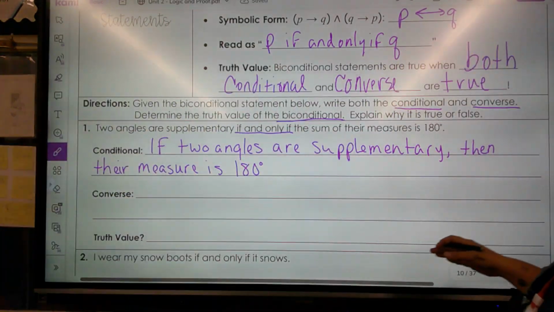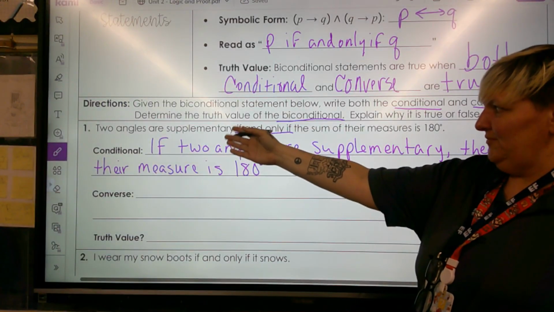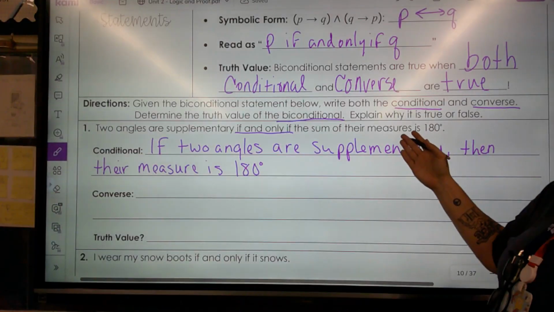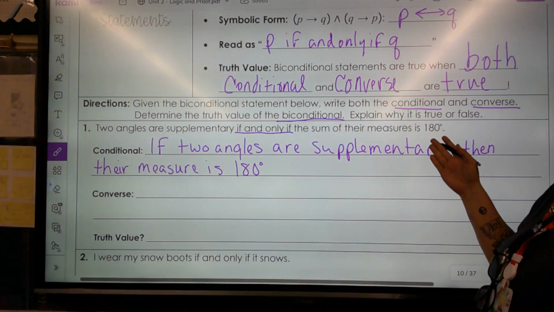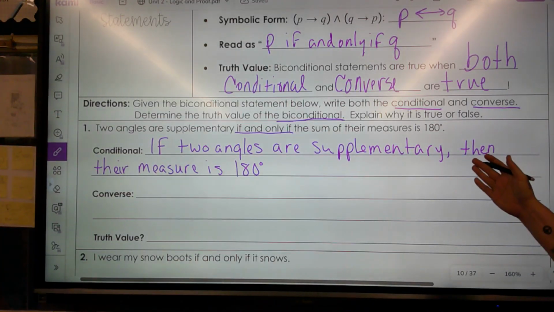The conditional is our first, it's our if-then. Simple enough. We just did this in 2.4.